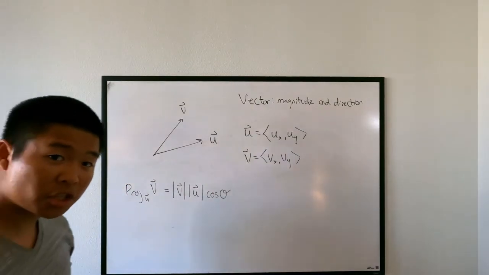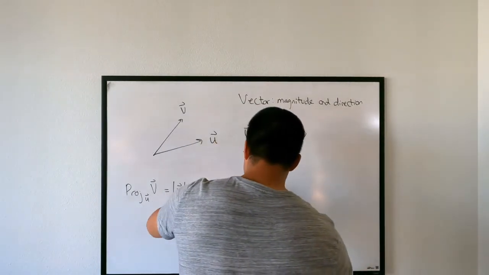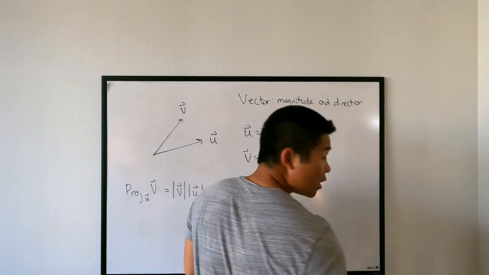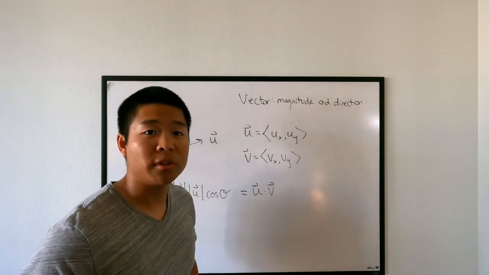Okay, which also happens to be the dot product between these two vectors.